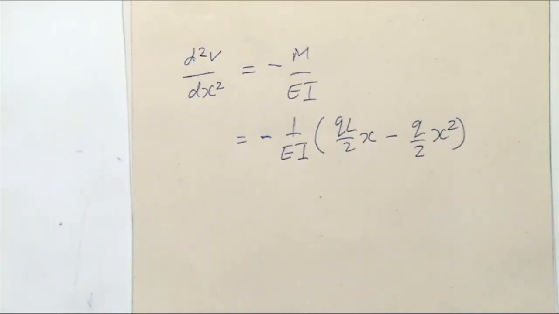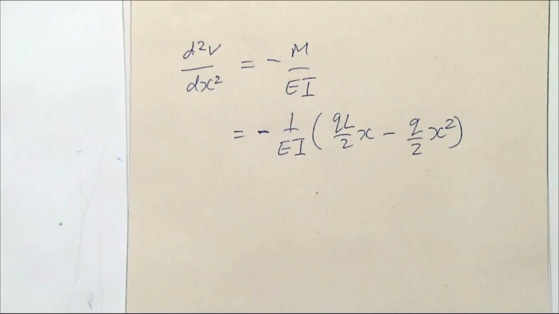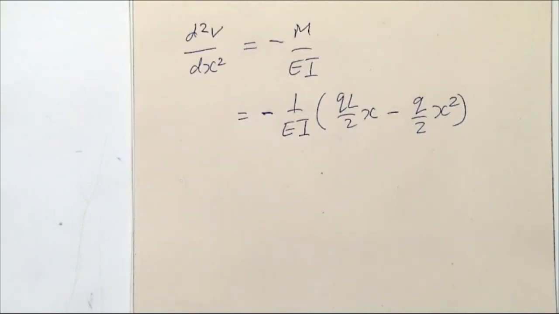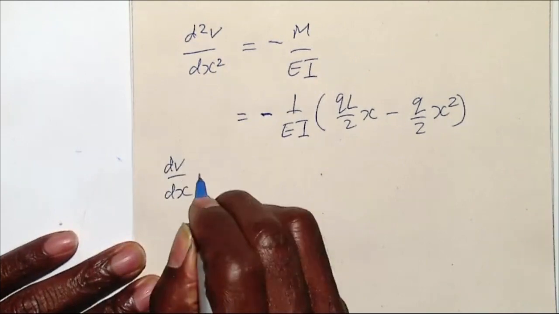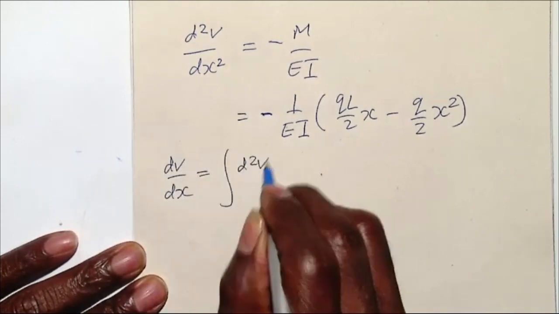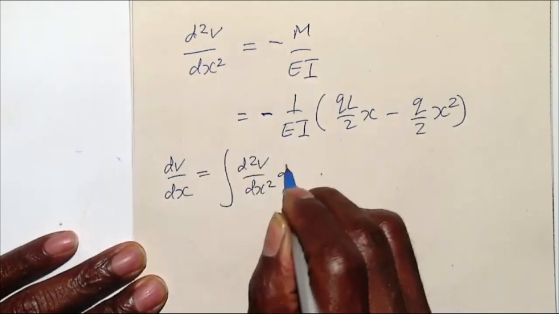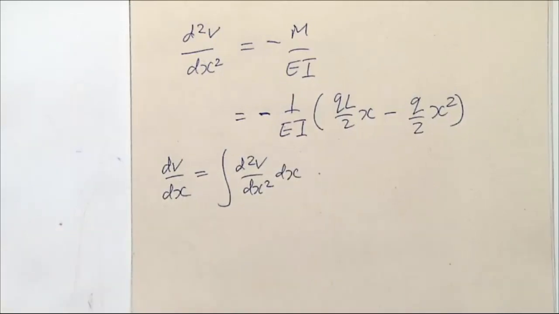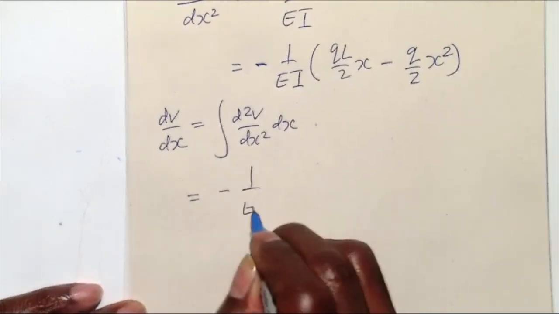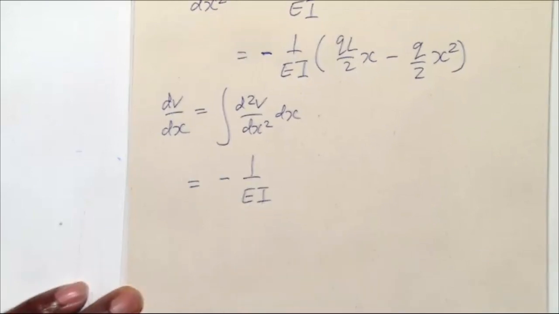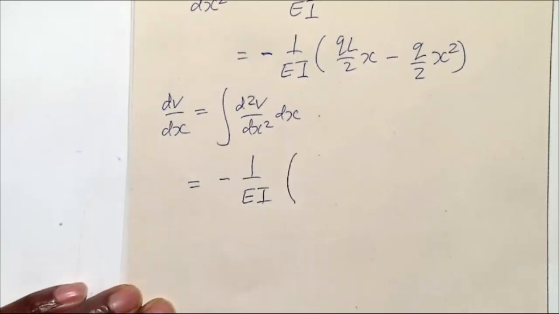Now I can integrate that first. So if I integrate that the first time, I will have dv dx equals the integral of d2v dx squared dx. If we integrate that the first time, what will we get? So I will have minus 1 over EI, equals what?